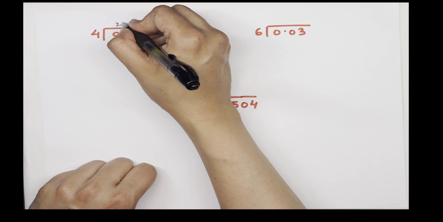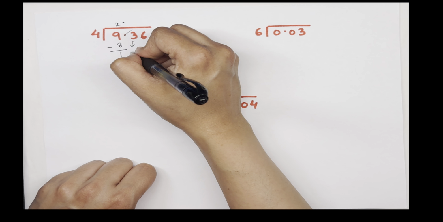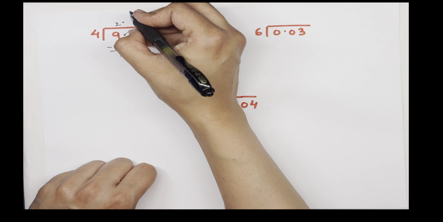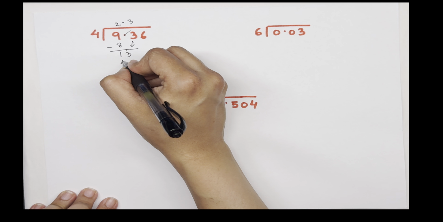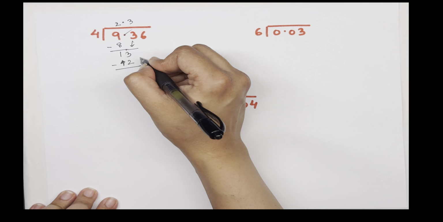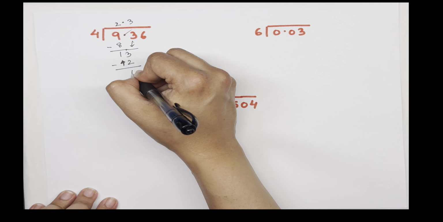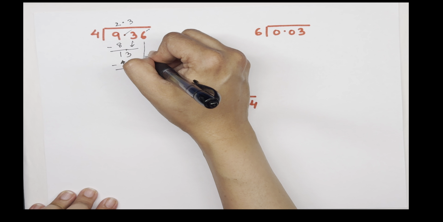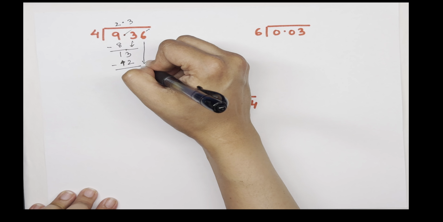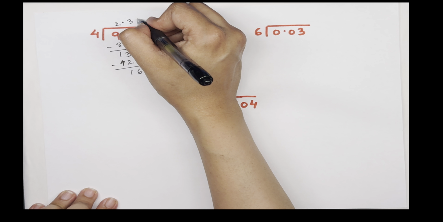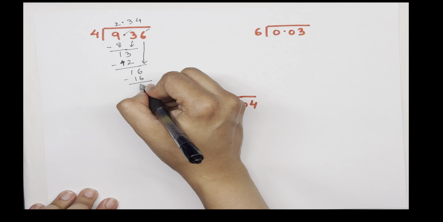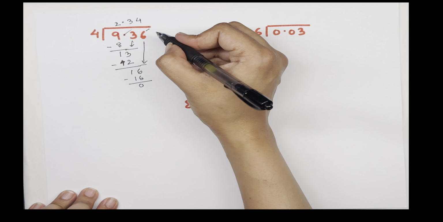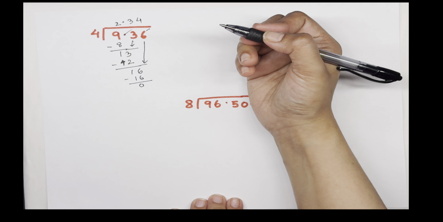Take out the decimal, put it in the quotient, bring down 3. 4 times 3 is 12. 13 minus 12 is 1. Next digit is 6. Let's bring it down. 4 times 4 is 16. 16 minus 16 is 0. So 2.34 is the answer.